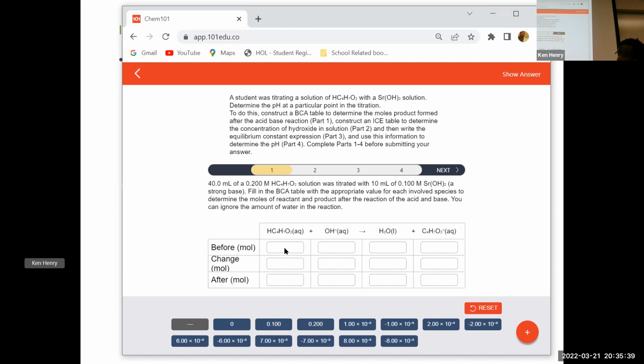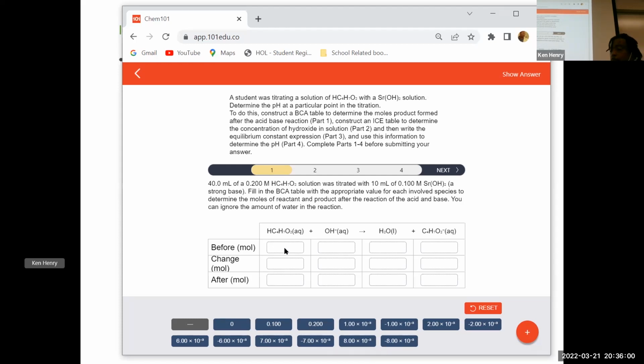What was that? I have to convert stuff. So I have molarity. How do I change molarity into moles? Do I need the molar mass? Molarity to moles. It's moles over liters, right? So I have milliliters.